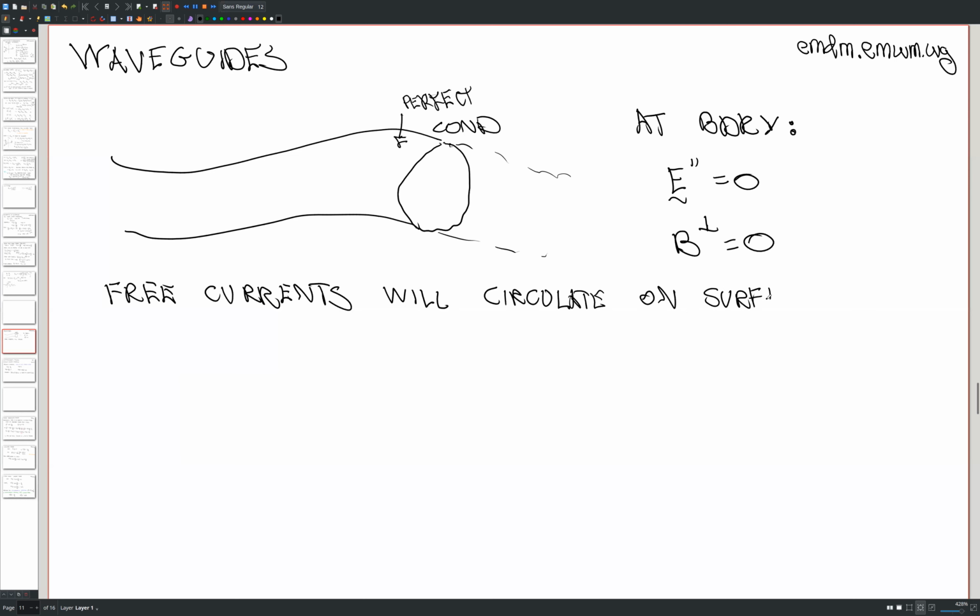As the electromagnetic fields are changing, the charge is going to be in motion on this surface in order to preserve these boundary conditions absolutely all the time, as the electromagnetic fields themselves dynamically move around. So what we're going to do is give a mathematical formulation for what kinds of waves can exist in there.